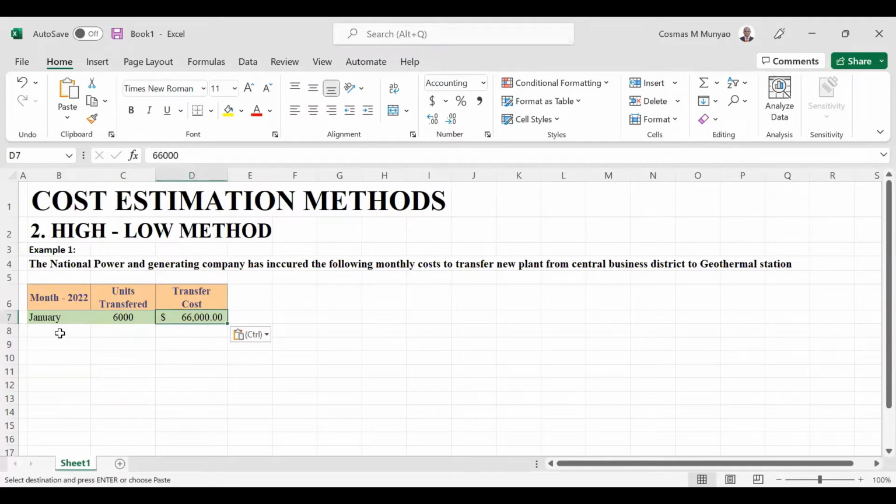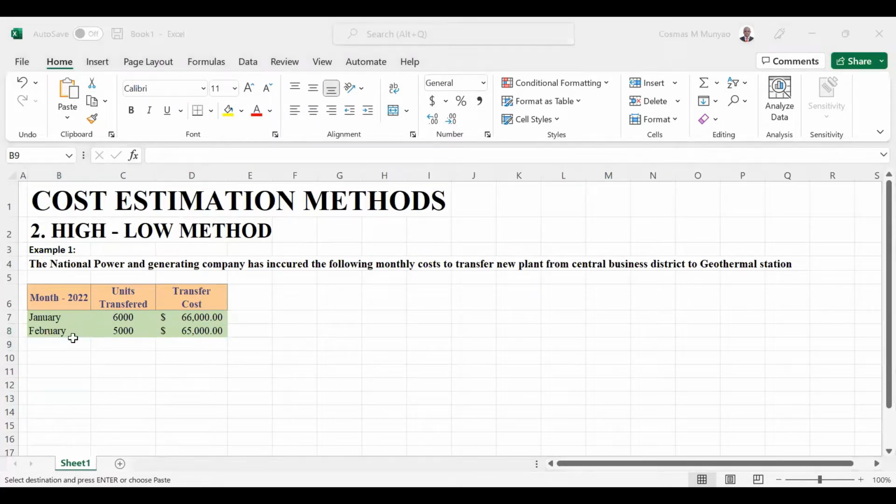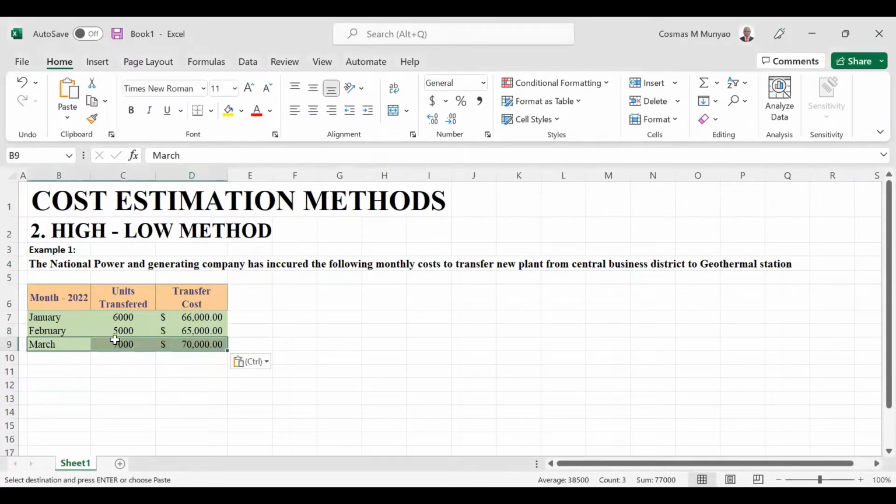$66,000 US. In the month of February, the company transferred 5,000 units of spare parts, which incurred $65,000 US. In March, the director saw it is possible to transfer 7,000 units in that month, and they incurred a cost of $70,000.